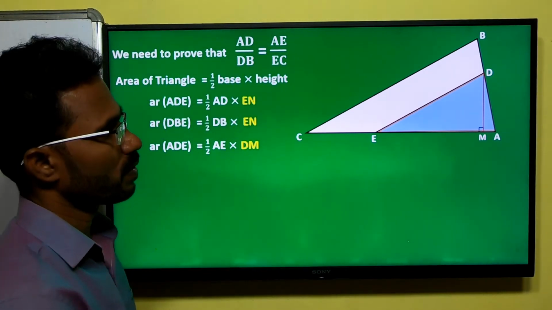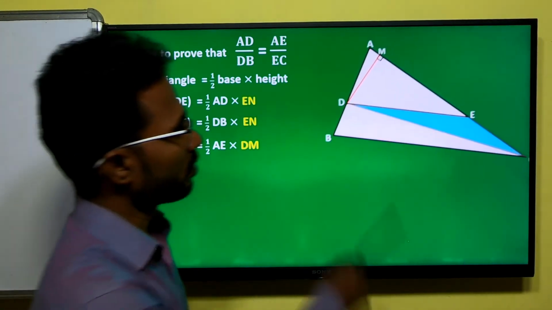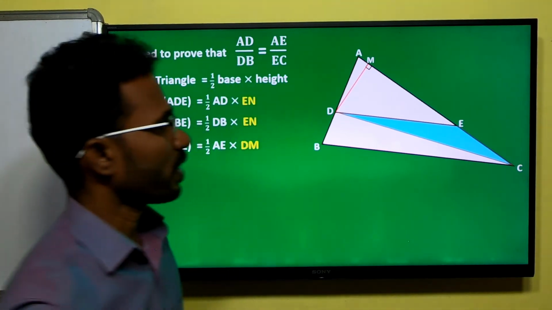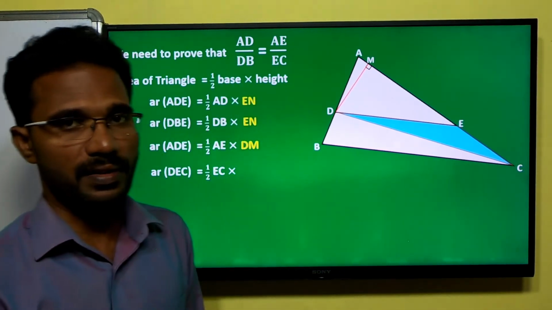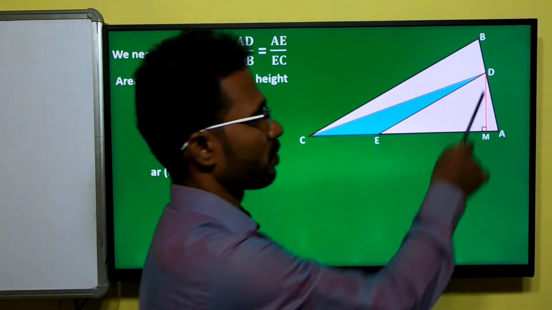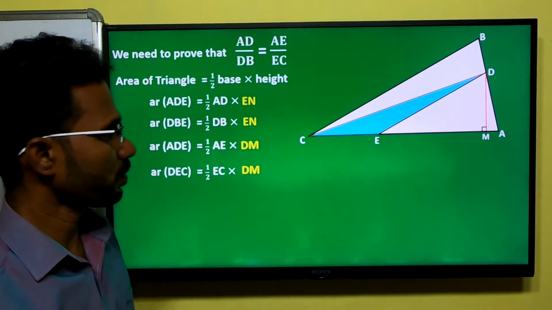Finally we take the last triangle, where the base is EC. The area of the triangle is half into base EC, and the height is the perpendicular line from the vertex, that is DM.